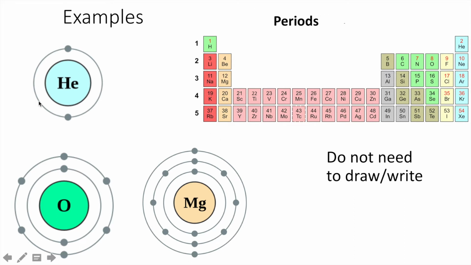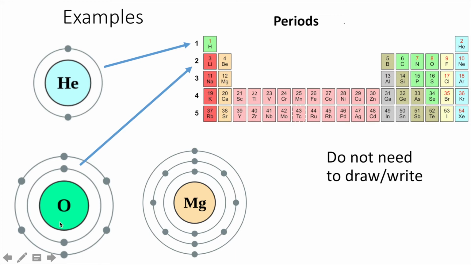Now if we look over here at helium, we know that helium is in the first period, so it has only 1 shell where its electrons can be. With oxygen, we see that it is located in the second row, which is known as the second period, and therefore it will have 2 orbital shells or energy levels.